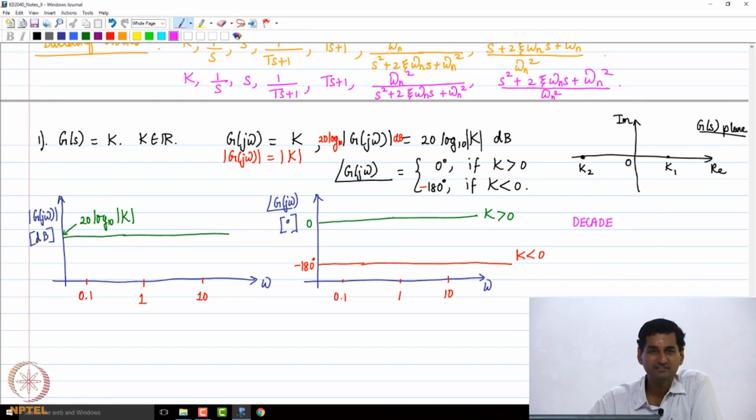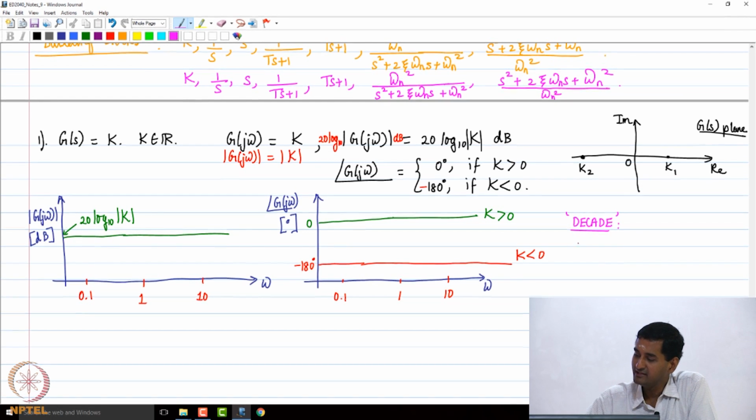By convention, we mark frequencies which are a decade apart, right? What is a decade of frequency? A decade essentially means that you are at a particular frequency, and you are considering a range from that frequency to either 10 times that frequency or 0.1 times that frequency.